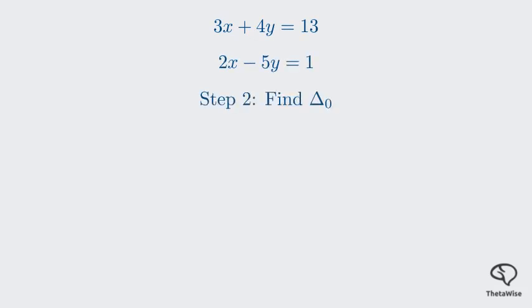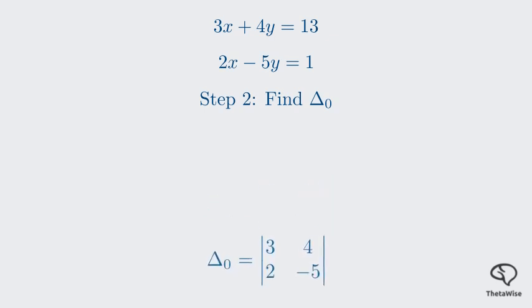With our equations in standard form, we can now move to step 2, finding the determinant of the coefficients. Our standard form equations are 3x plus 4y equals 13, and 2x minus 5y equals 1. This determinant, delta sub 0, is formed by taking the coefficients of x and y from our standard form equations. The first column will be the x coefficients, 3 and 2.